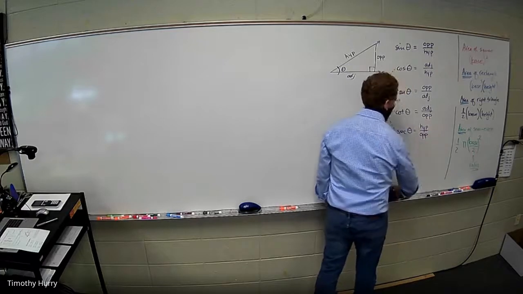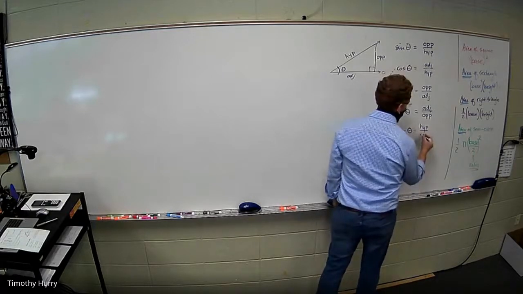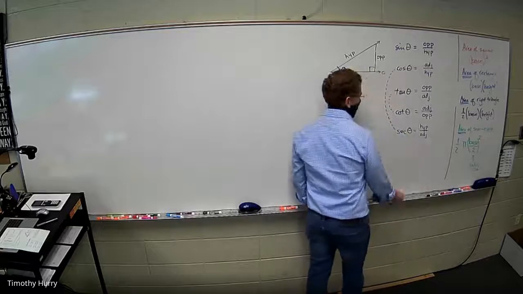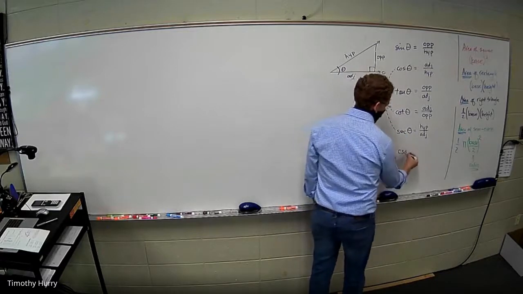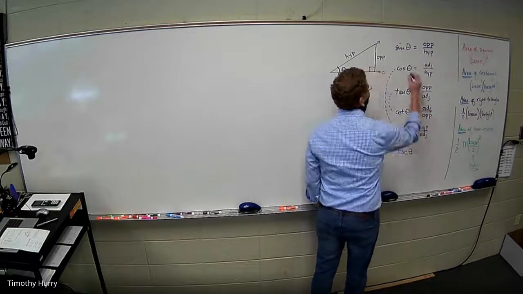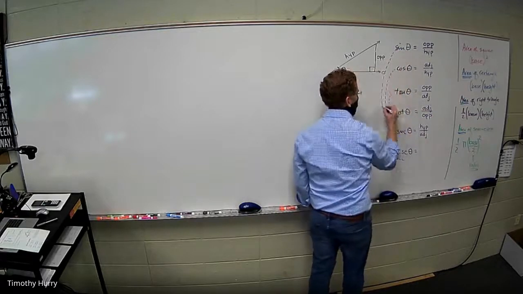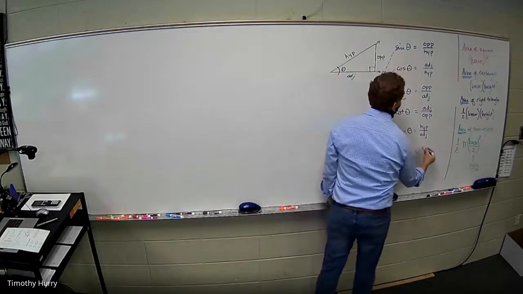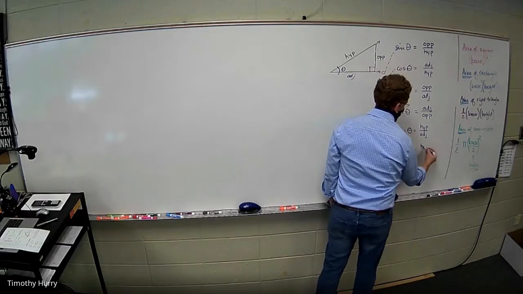So, hypotenuse over adjacent. And then the cosecant of theta happens to be the reciprocal of the sine, which is the hypotenuse over the opposite.